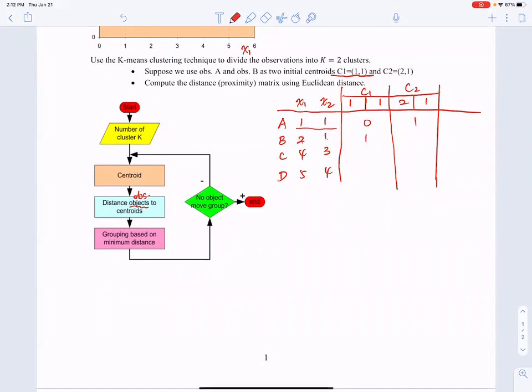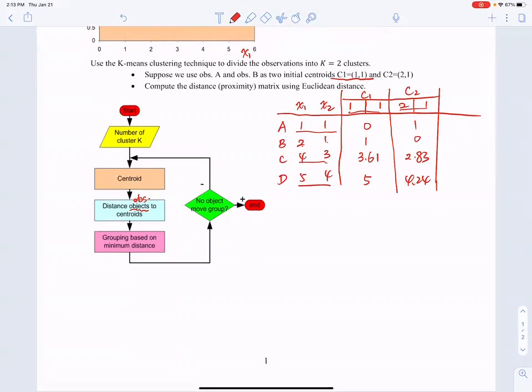For B it is 1 and 0. For C, 4 minus 1 is 3, squared is 9, and 3 minus 1 is 2, squared is 4. 9 plus 4 is 13, and the square root is 3.61, and 2.83. Then for D, 5 and 4.24. So we just calculate the distance between each observation and each centroid.